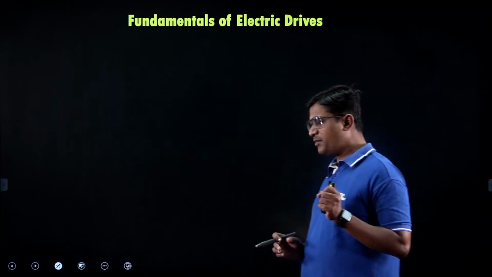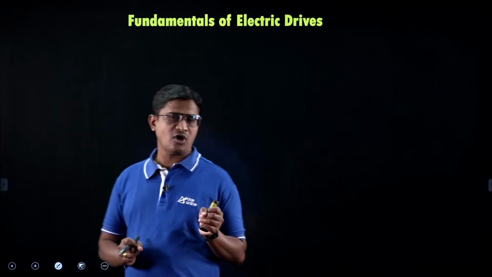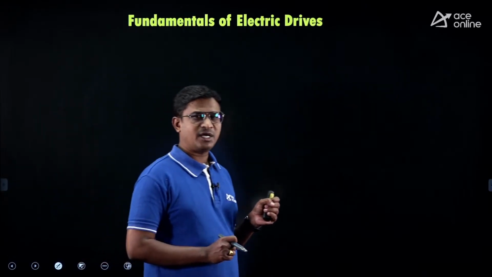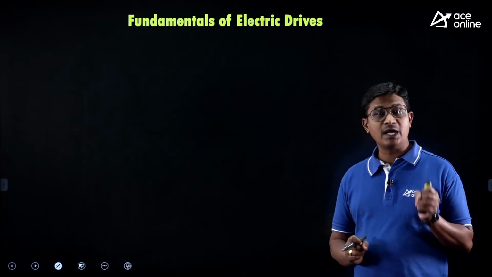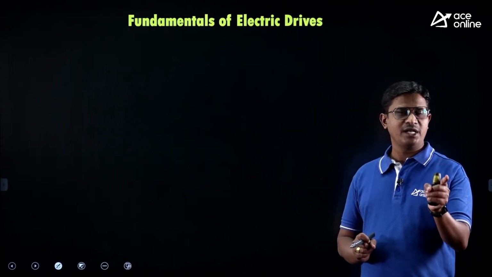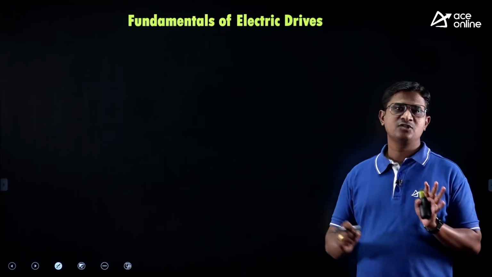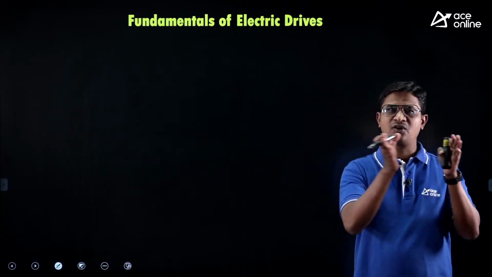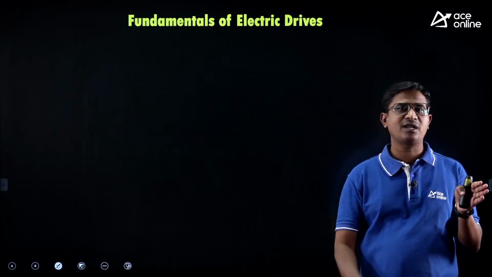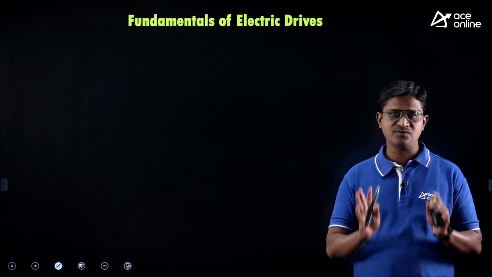So what is the ultimate motto of this course? The ultimate motto is to control the speed of the motor, but using the power electronic converters, right. So power electronic converter used for speed control of the motor is nothing but your drive system, all right.